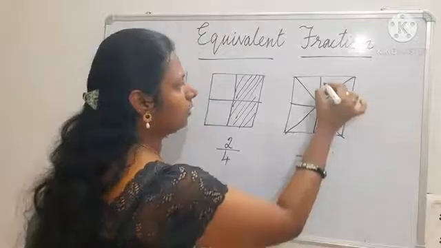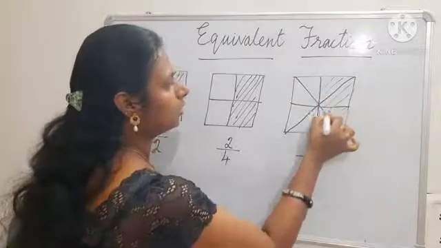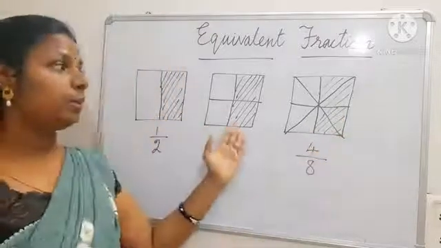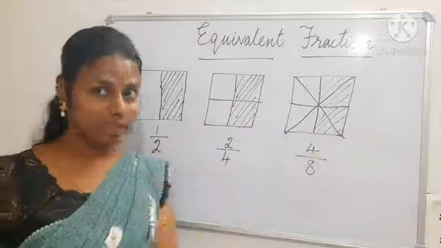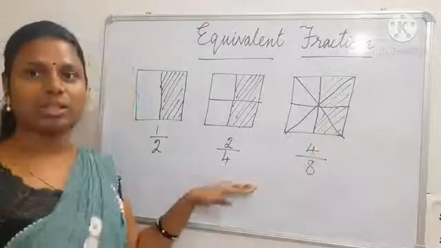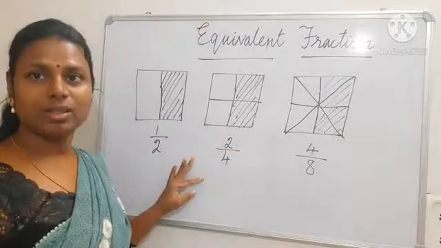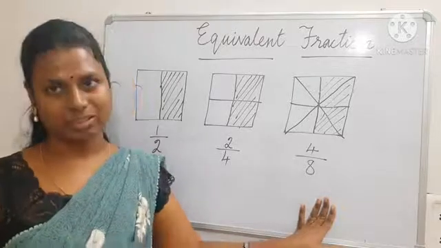So now I am going to shade 4 parts. So the shaded parts are the same. But the numerators and denominators are different. So these are also called equivalent fractions.